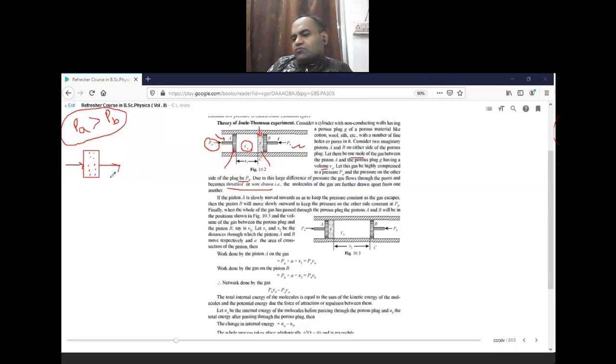So the gas passes through this porous plug and it becomes throttled or wire-drawn. So what is throttling or wire-drawing? Throttling means the molecules of the gas will move apart from one another. And that is the throttling process.